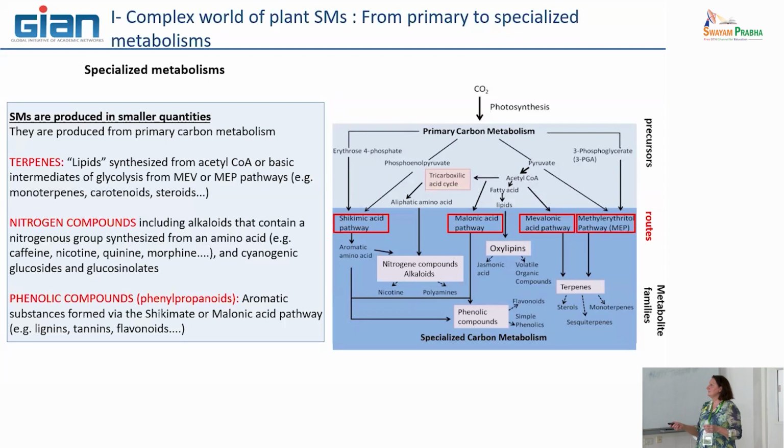What is interesting is that these precursors are the starting point of 4 specific routes, which are specific parts of the metabolic pathway, named the shikimic acid pathway, malonic acid pathway, mevalonic acid pathway, and methylerythritol pathway.